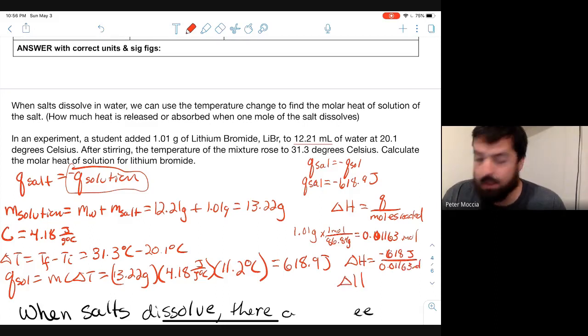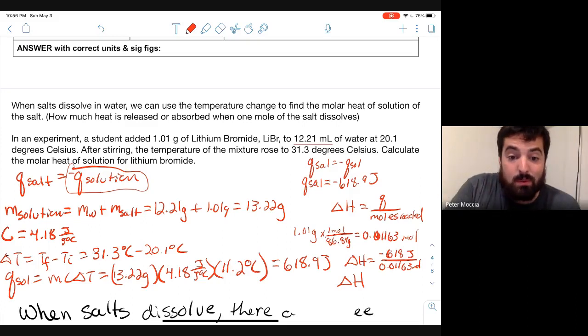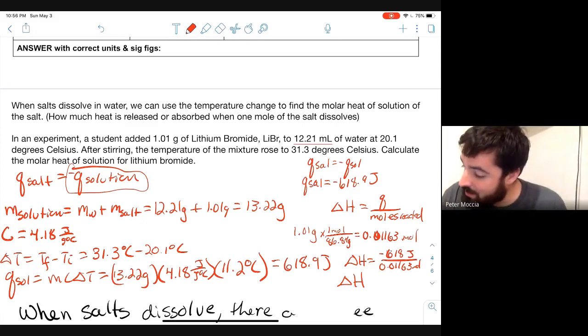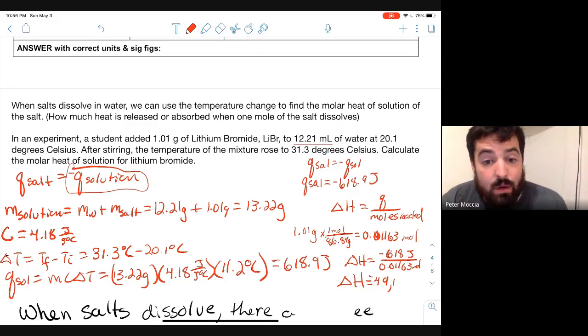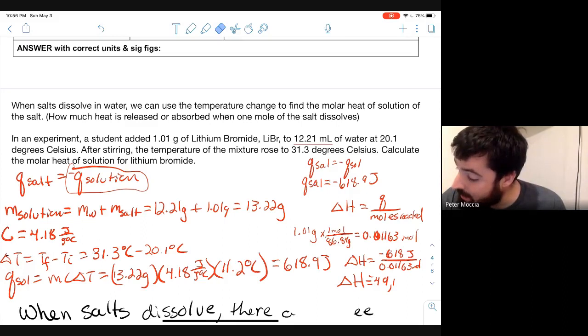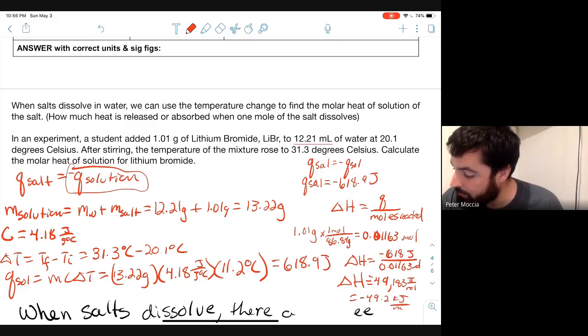We get delta H is equal to negative 49,183 joules per mole, or negative 49.2 kilojoules per mole. Okay, that's it.